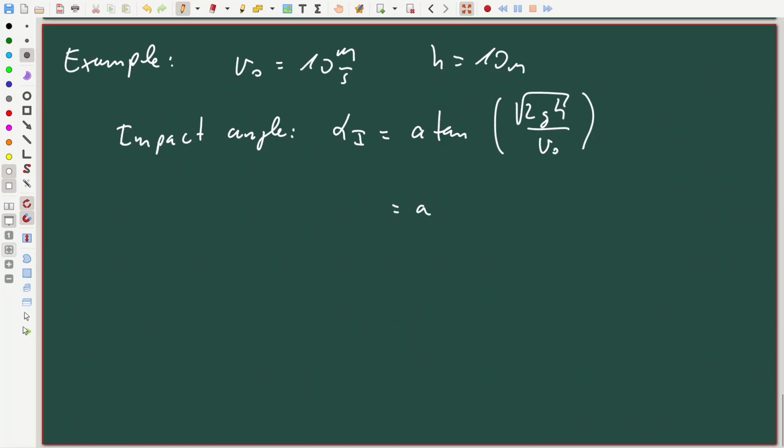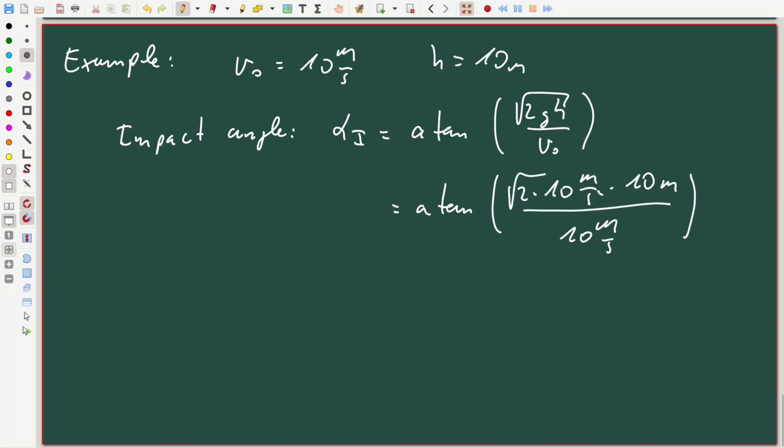And this then gives, if we insert all values, 2 times 10 meter per square second times 10 meter, divided by 10 meter per second. And here we also have to write the square root.